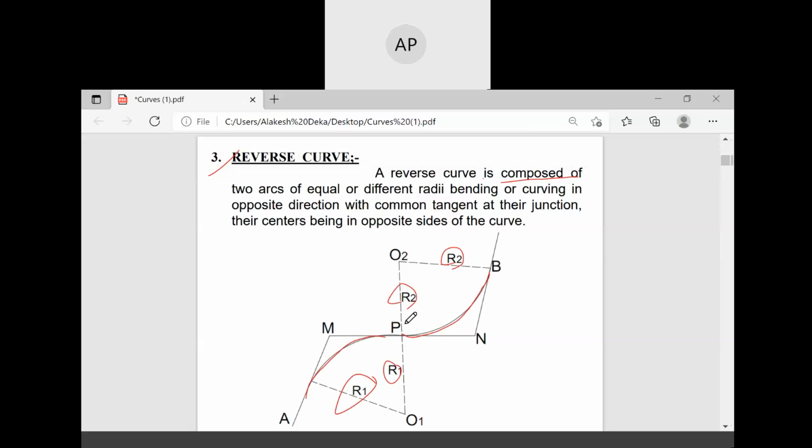These are joined, and they are bending in opposite directions, with a common tangent at their junction. The common tangent at the junction is this point P. So this type of curve is called a reverse curve. This is one curve, this is another curve. Two radii are there, but in opposite directions.